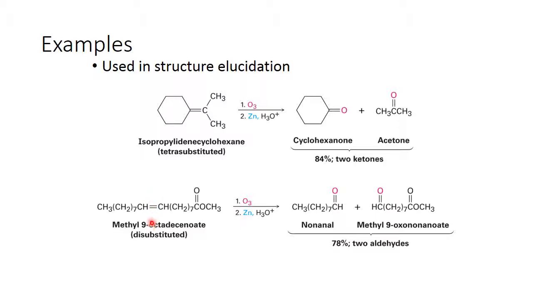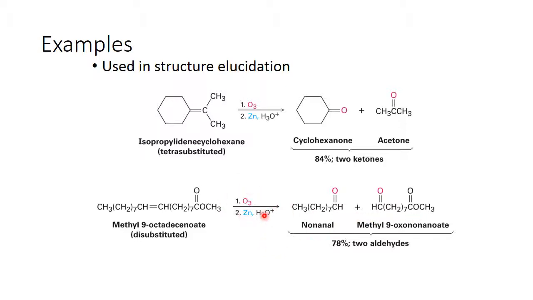Or you can just say you cut this in half and stick an oxygen on either end of the cuts. Then what you get is an aldehyde here and an aldehyde here. And so I can figure out the product of this reaction by cutting and sticking on two oxygens.